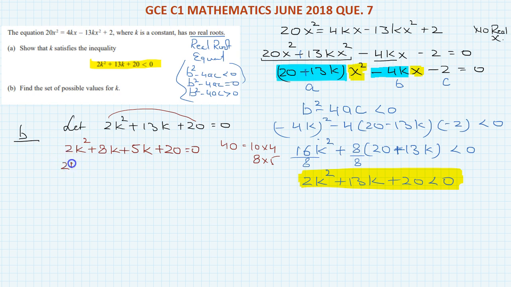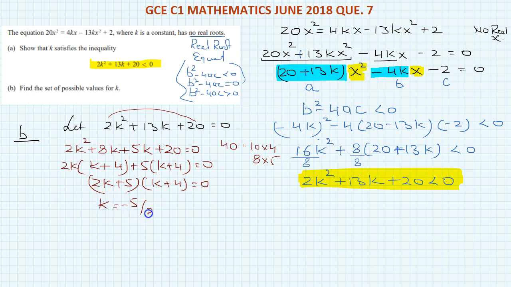So we have 2k common, that is k plus 4, plus 5 common, k plus 4 is equal to 0. So what we have is 2k plus 5 and k plus 4 is equal to 0. So we have k is equal to minus 5 over 2 and minus 4.